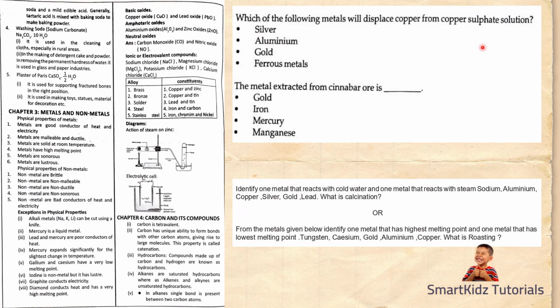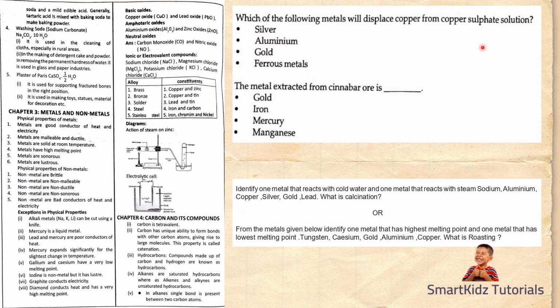Nine out of ten times the favorite question is on single displacement, because that involves reactivity series. That is why single displacement is asked a lot more than double displacement.